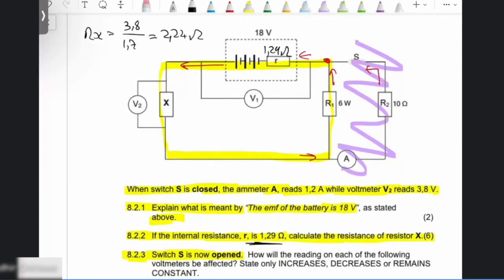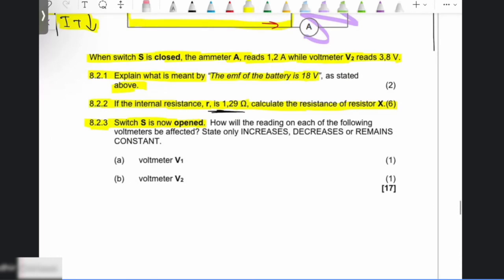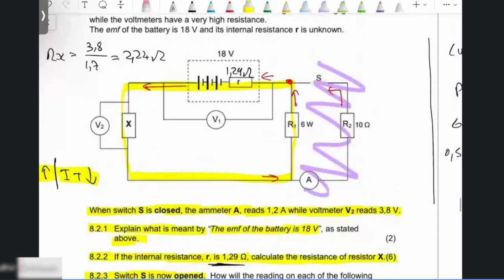Now, what does that mean? If we're removing a parallel branch, we know that total resistance increases and total current decreases, right? That's what we're supposed to know. Okay. Now it says state only increase, decrease, or remains constant. So V1, what will happen to our voltmeter V1?